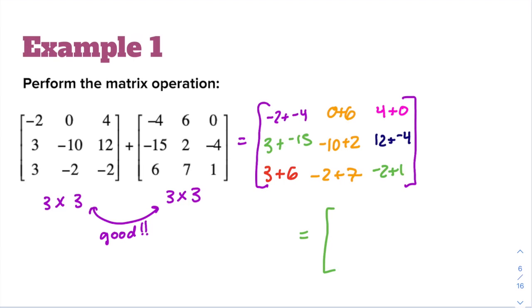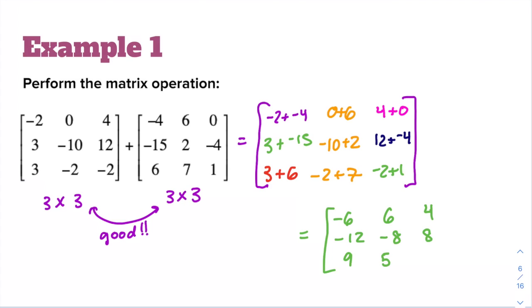And then you will go through and you will simplify all of these. So -2 plus -4 gives me -6. 0 plus 6 gives me 6. 4 plus 0 gives me 4. 3 plus -15 gives me -12. -10 plus 2 gives me -8. -12 plus -4 gives me -16. 3 plus 6 gives me 9. -2 plus 7 gives me 5.